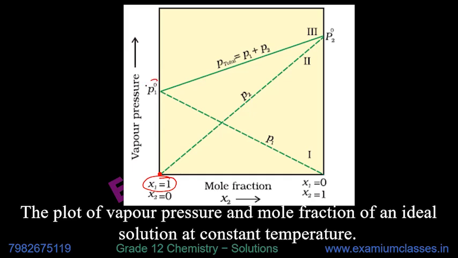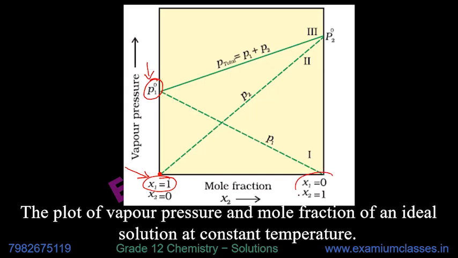Then in that case it will be P1 naught. If only pure component 1 is present, its mole fraction will be 1, and the partial pressure created by this will be P1 naught.